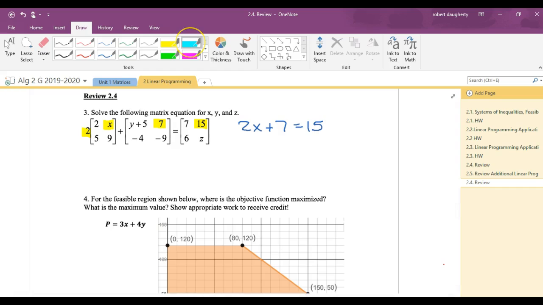If I look at the y, 2 times 2 plus y plus 5 has to equal 7. So 2 times 2 plus y plus 5 equals 7.